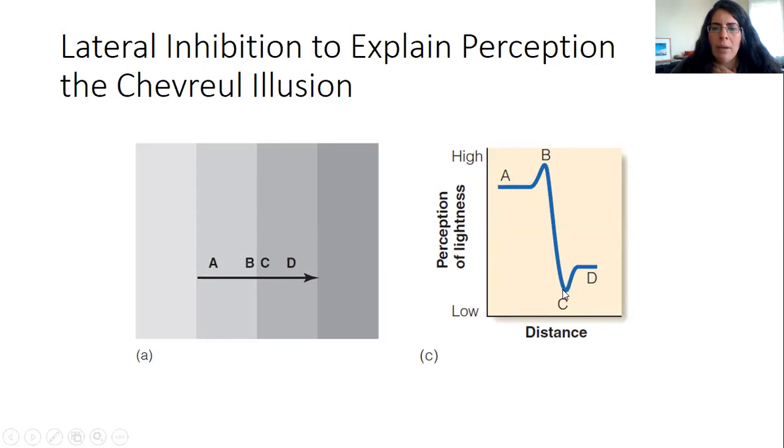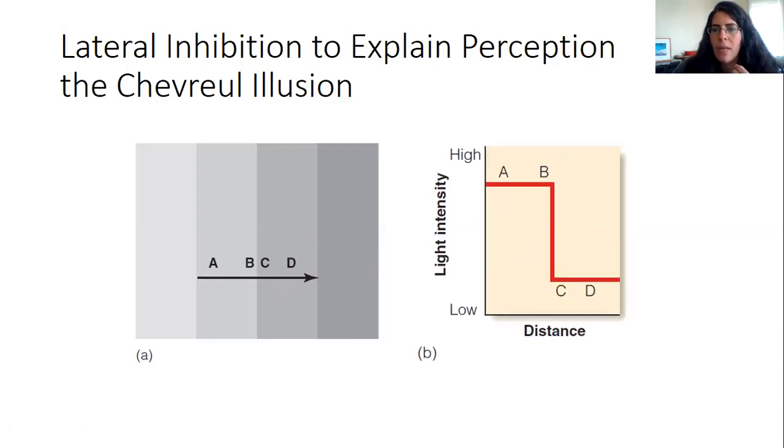And then going from C to D, there is no change in light intensity from this point to this point. Okay. So this is your perceptual experience of the Chevreul illusion, and again, that does not match the physical change of light wave information for this example.